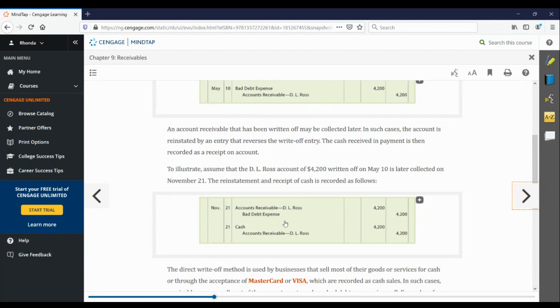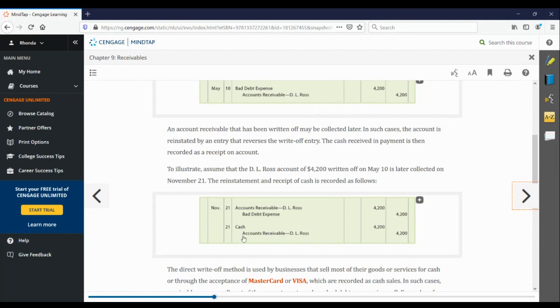We have to take it also back off of our books. So we end up debiting accounts receivable because we're increasing the asset account, again, putting it back on our books, and then we will decrease our bad debt expense because our expenses would have gone down in this situation because this customer is paying us the amount that they originally owed us.